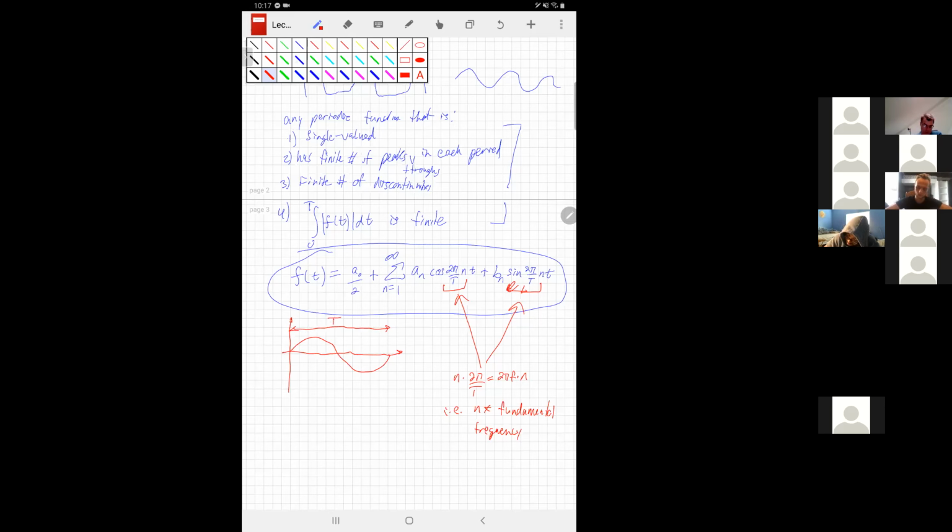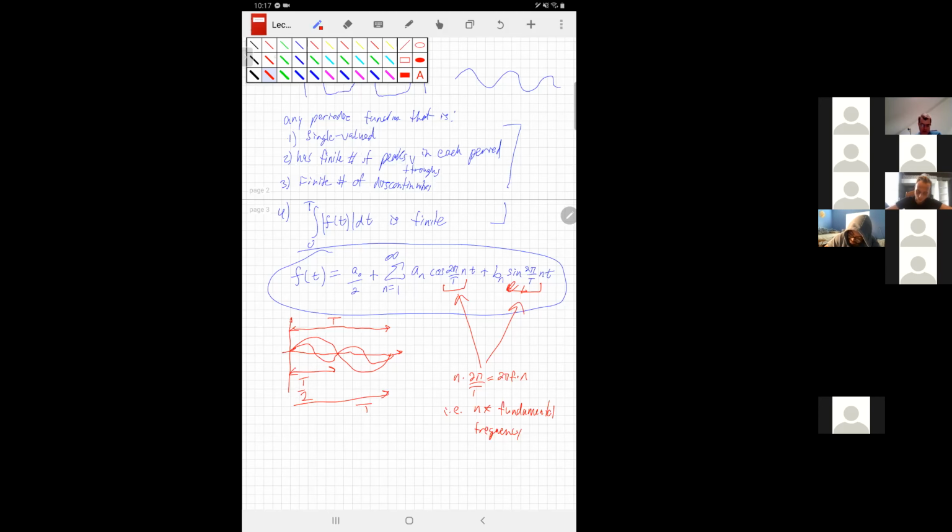Here's the period T. This next wiggle, technically you could say that its period is T over 2. But of course, if I go out a distance T, it has indeed repeated itself again. So in some sense, it still has the same period, right? Its frequency is a multiple of the fundamental frequency.